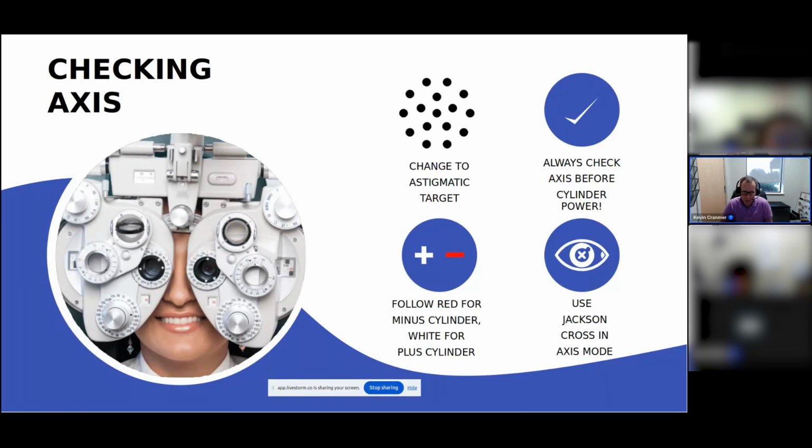We'll go through this more, but when we're using the Jackson cross, you want to make sure that you follow the red dot for minus cylinder and white for plus cylinder. This brings us back to the fact that some phoropters are in minus cylinder and some are in plus cylinder. It just depends on what your practice uses.